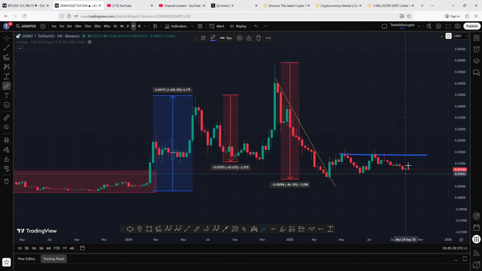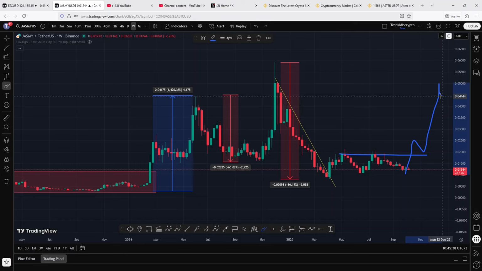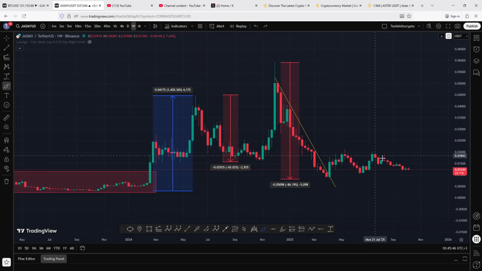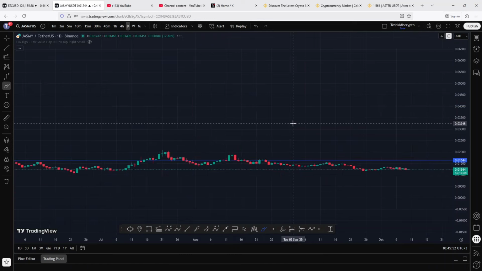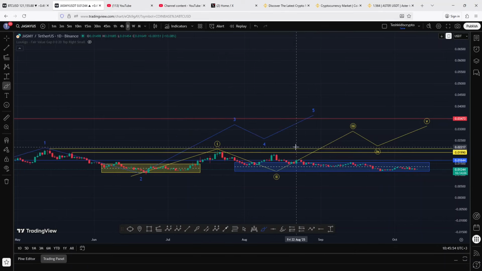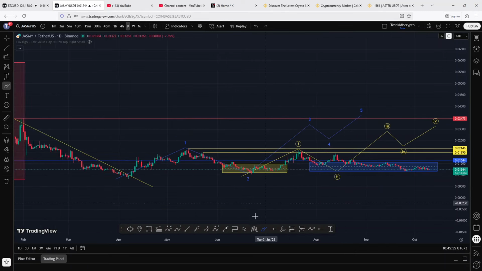And the moment that plays out, I don't see much of resistance over here all the way to the highs we made above the 0.044 and the 0.059 as our next target areas. So we also need to have that in mind in case we continue holding within other key areas of supports on the lower time frames. There's a very high chance of a reversal and high upside on the Jasmy chart.